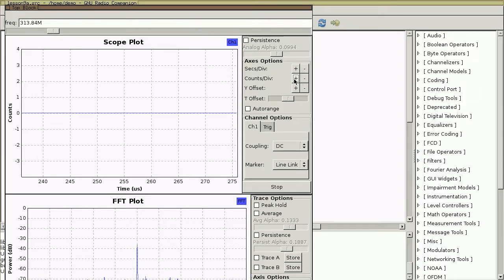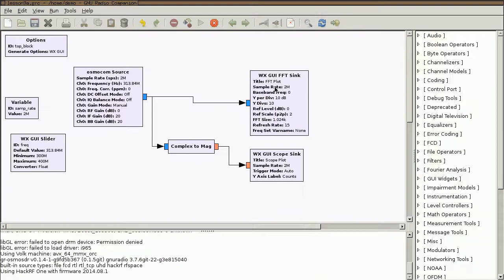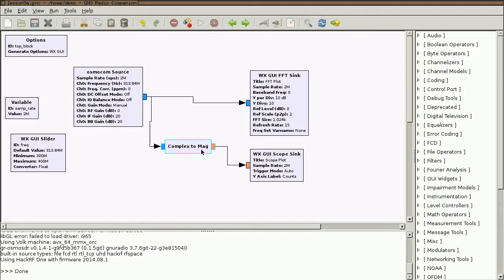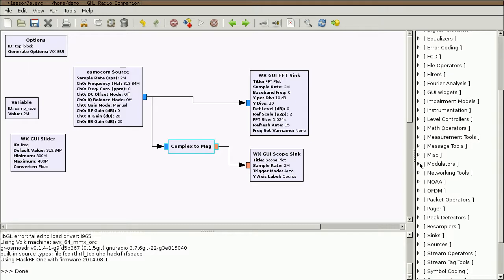And here we have a complex valued waveform that, instead of amplitude demodulating, as we did with the complex to mag block, we should be able to frequency demodulate it. And the algorithm that we talked about in Lesson 7 for extracting frequency information from a complex valued signal is in a block called quadrature demod, which you should know if you did the homework for Lesson 7.